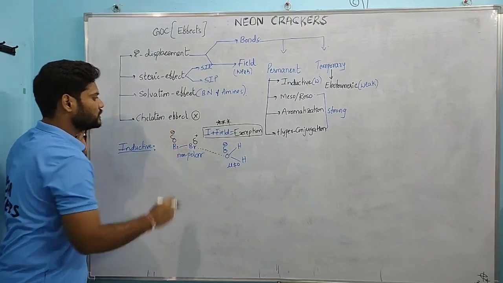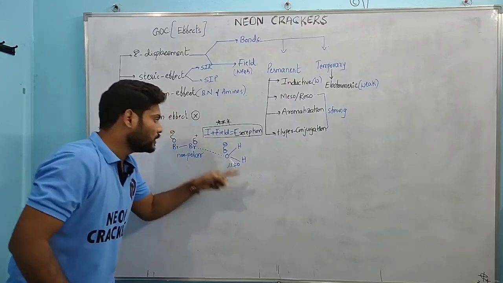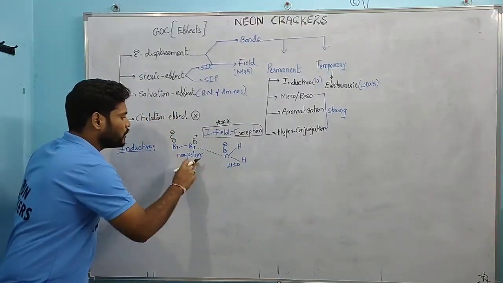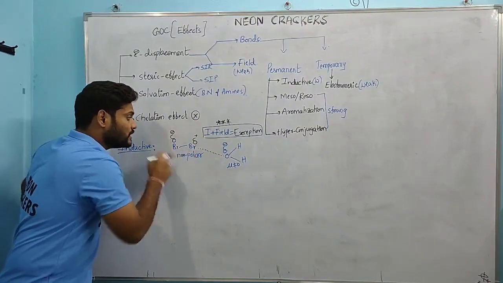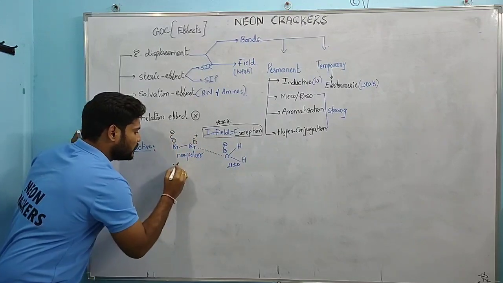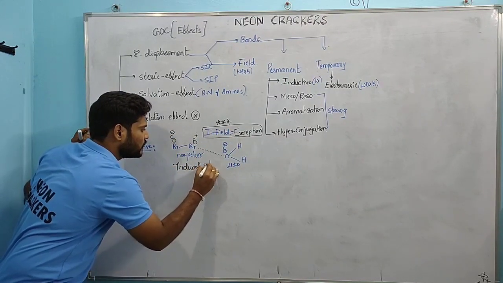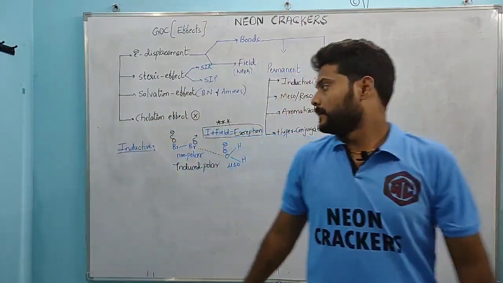Partial negative charge, which means in the influence of a polar molecule, the non-polar is being converted to polar. So this polarity is called induced polarity. This is what, beta? Induced polar. Is it clear?